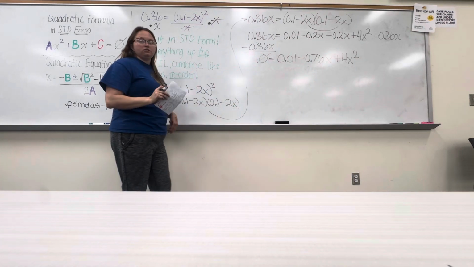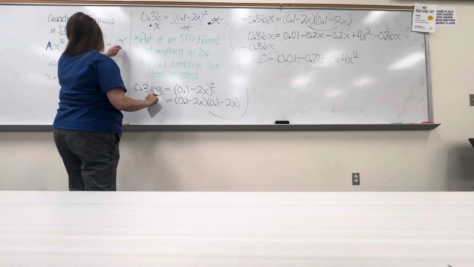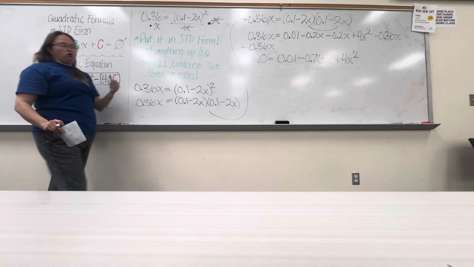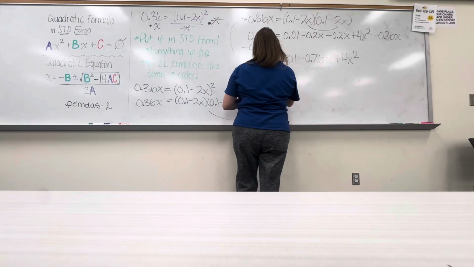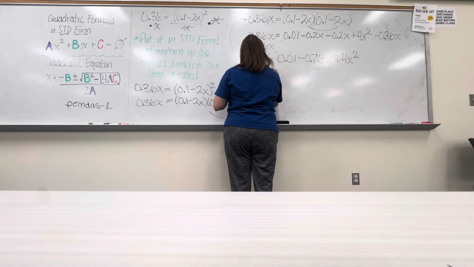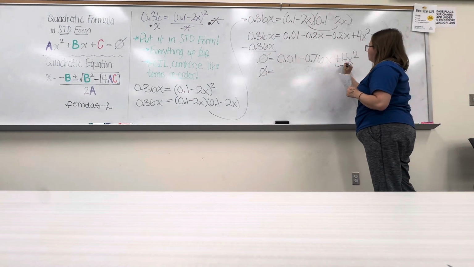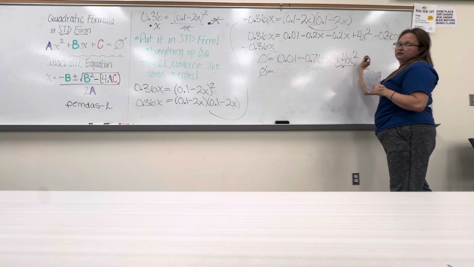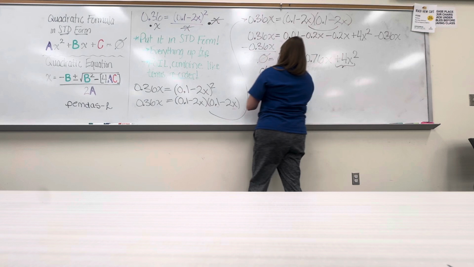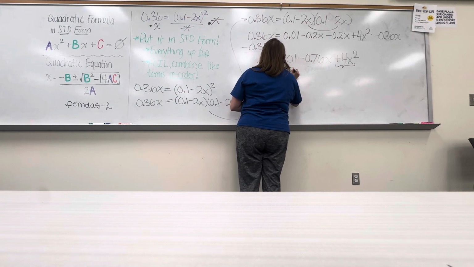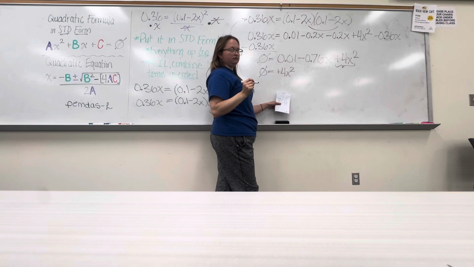Now, we need to reorder that equation so that it matches our standard form, right? We want to know what our A, B, and C are. So we're going to reorder the equation. We're going to take this whole positive 4x squared and pop it up front. Positive 4x squared, okay?